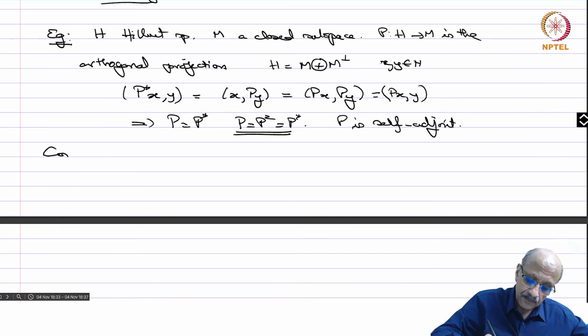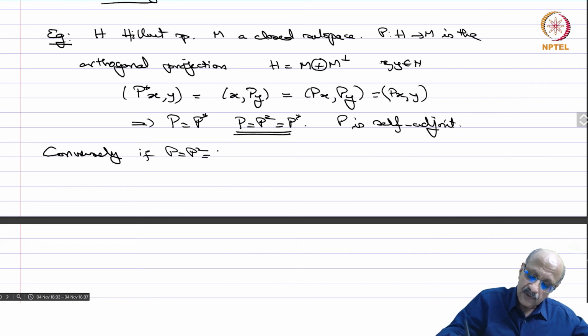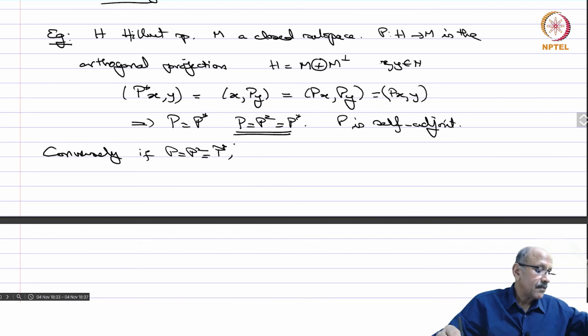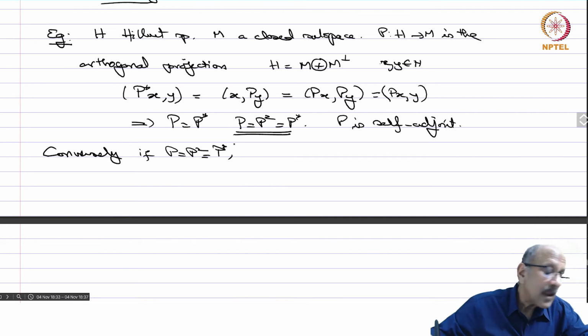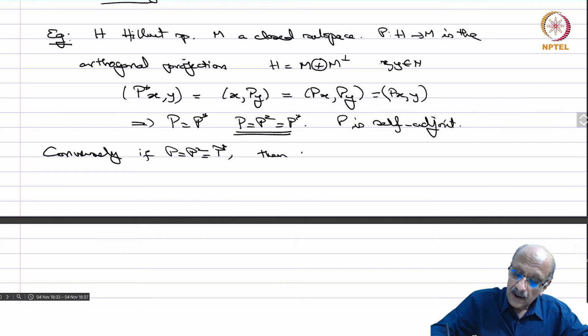Conversely, if P equals P square equals P star, then P is an orthogonal projection.